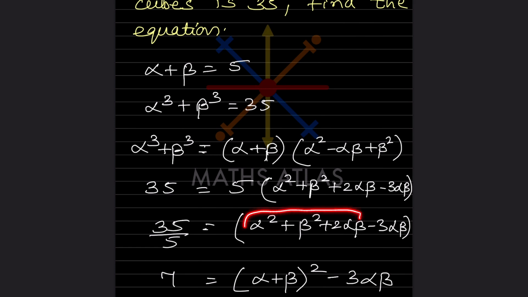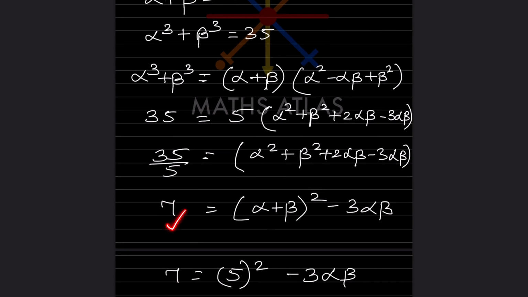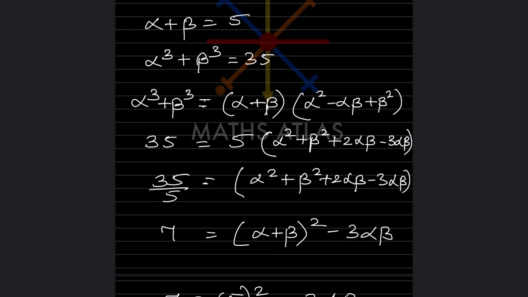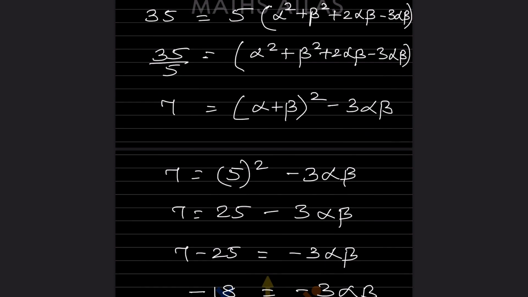So for this part, that is alpha plus beta whole bracket square, and this is going to be as it is. So now this 7 will be here. Now we know alpha plus beta is 5, so you are going to take 5 square, and the alpha beta as it is. So 5 square will be 25 minus 3 alpha beta.